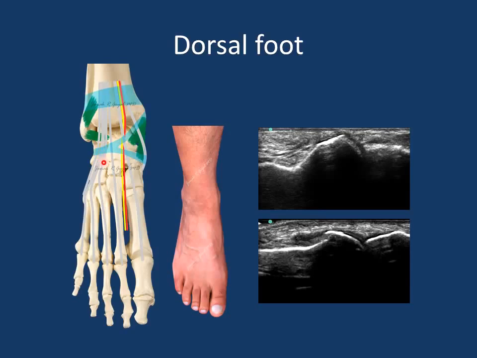Joints of the foot which are seen with sonographic examination include the joints between the tarsal bones, the tarsometatarsal joints, intermetatarsal joints, the joints between metatarsals and phalanges, that is metatarsophalangeal joints, and the interphalangeal joints.